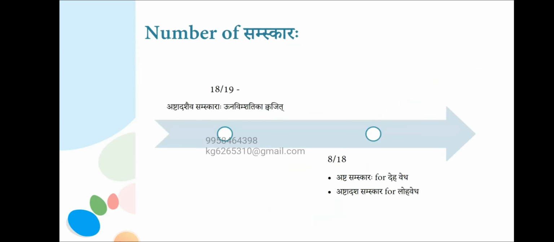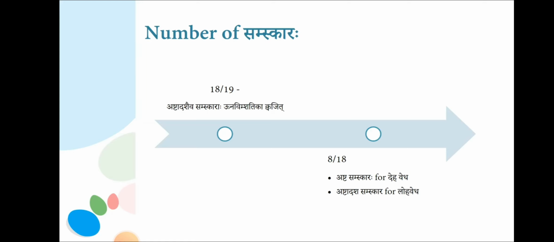Then the number of Parada Samskaras. "Ashtadasheva samskarah, una vimshatika kvachit." 18 Samskaras have been mentioned by most Acharyas, and in Ayurveda Prakasha and some other texts 19 Samskaras of Parada are explained. The 18 Samskaras are divided into 2: Ashta Samskara and Ashtadasha Samskara.